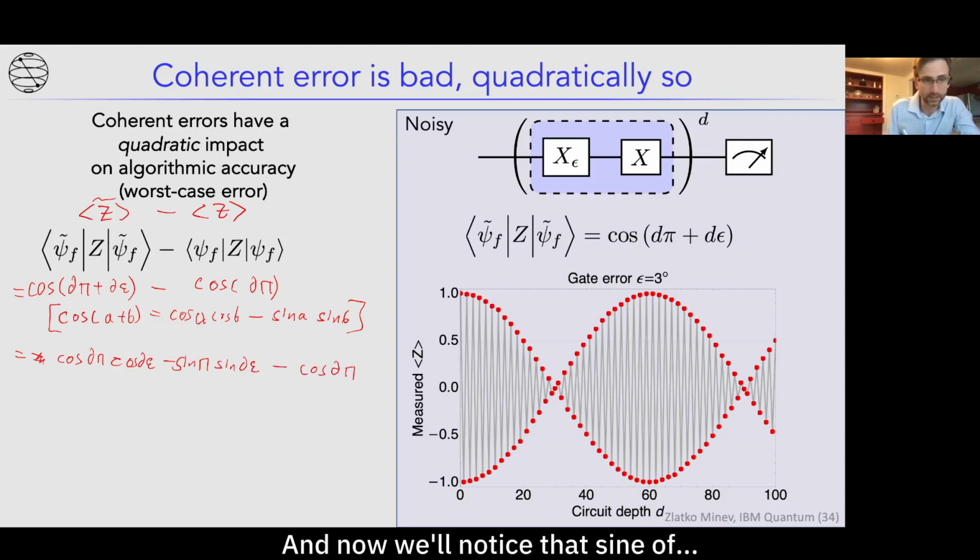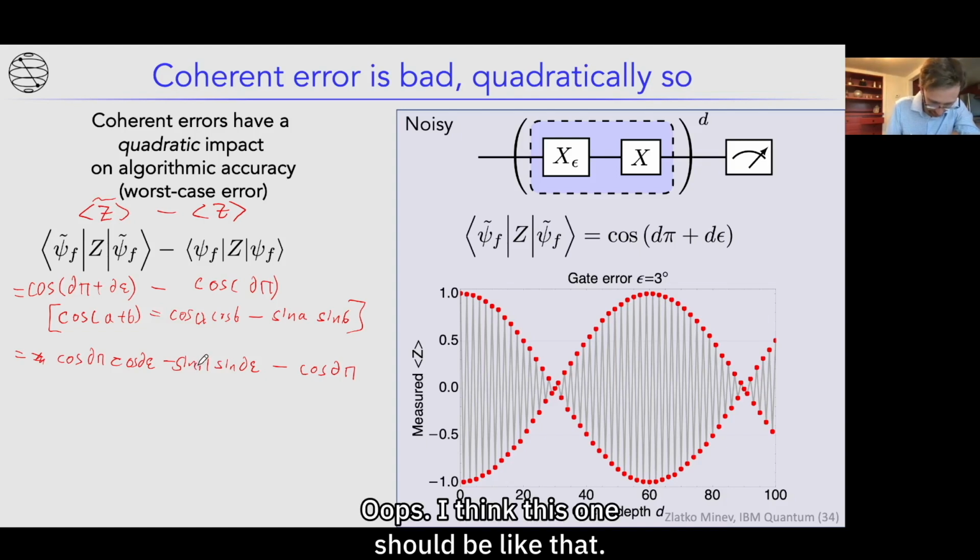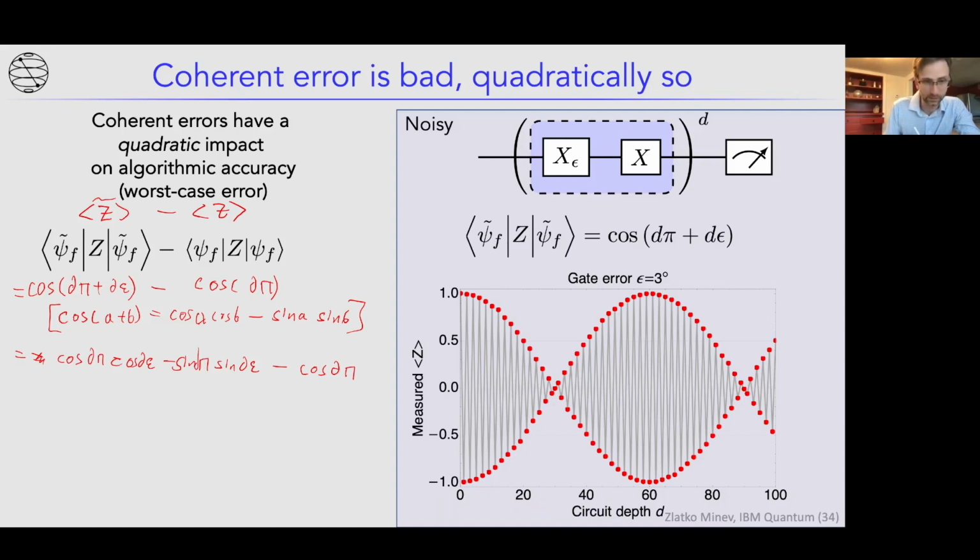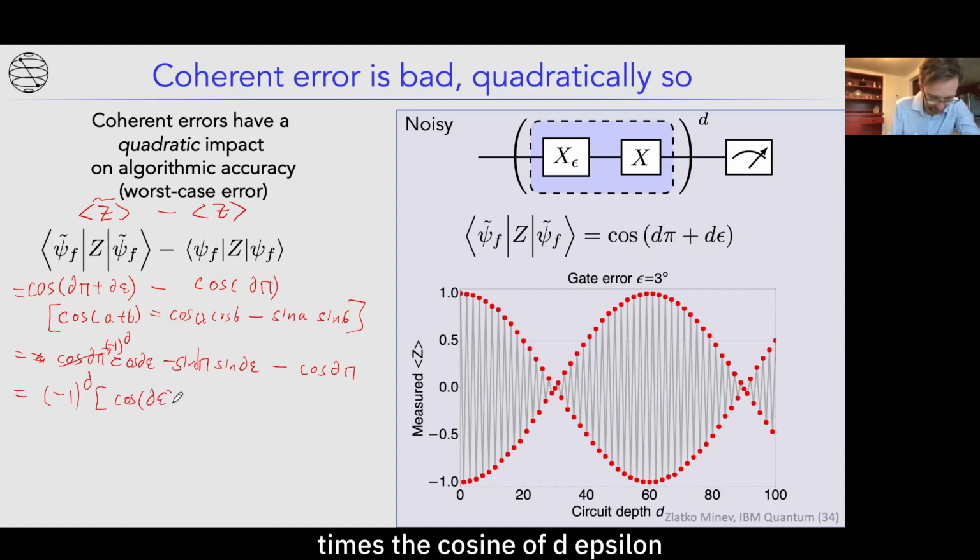Okay, and now we'll notice that the sine of d pi is zero. Now we'll simplify this and find that we have, substituting again the fact that cosine of d pi is -1 to the power of d, so we have -1 to the power of d times the cosine of d epsilon minus 1.